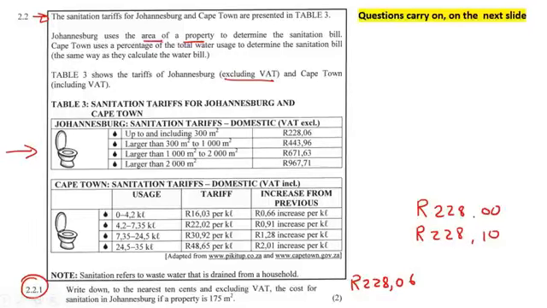Now, I'm not saying you must choose whichever one you like. Only one of those is correct. So let me put 228, then 228.10, and then 228.06. Which one is closer to 06?